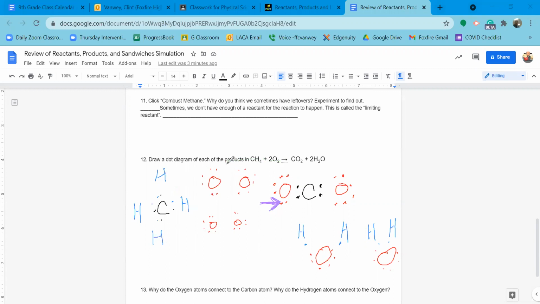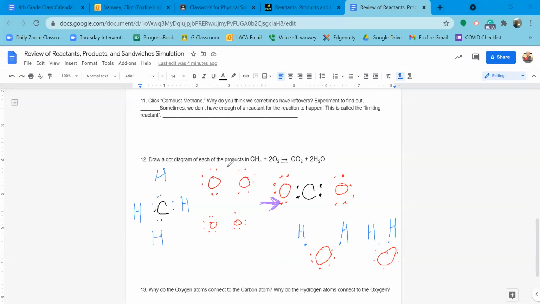The oxygens, we can see where they go. Right? And so we can see that in the reaction, none of these atoms disappear. None of this mass is lost. It's just that the methane, it gets broken apart and attacked by these oxygen molecules.